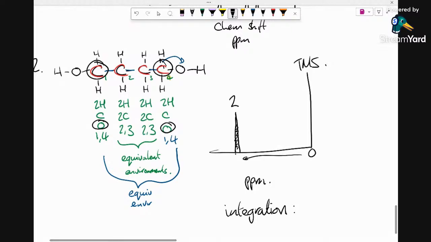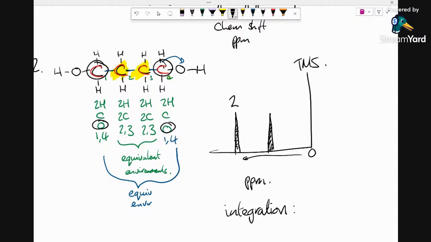What that means is I'm going to have another peak. It's going to be closer to 0. These 2 here are going to give me a second peak, because I've got 2 environments. And it's going to be closer to 0 because they're further away from the electronegative oxygen. And their integration is going to be 2. It's exactly the same as the previous one.